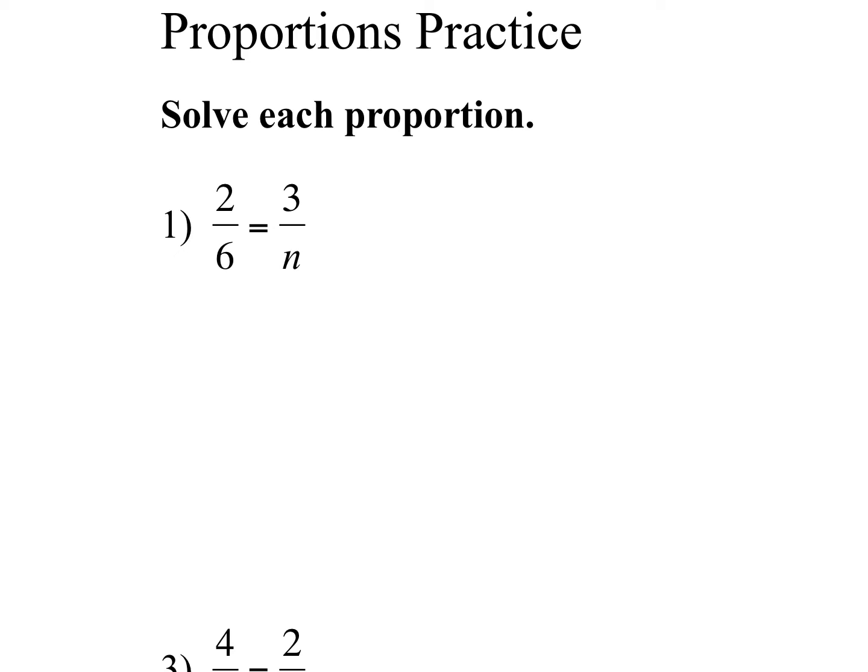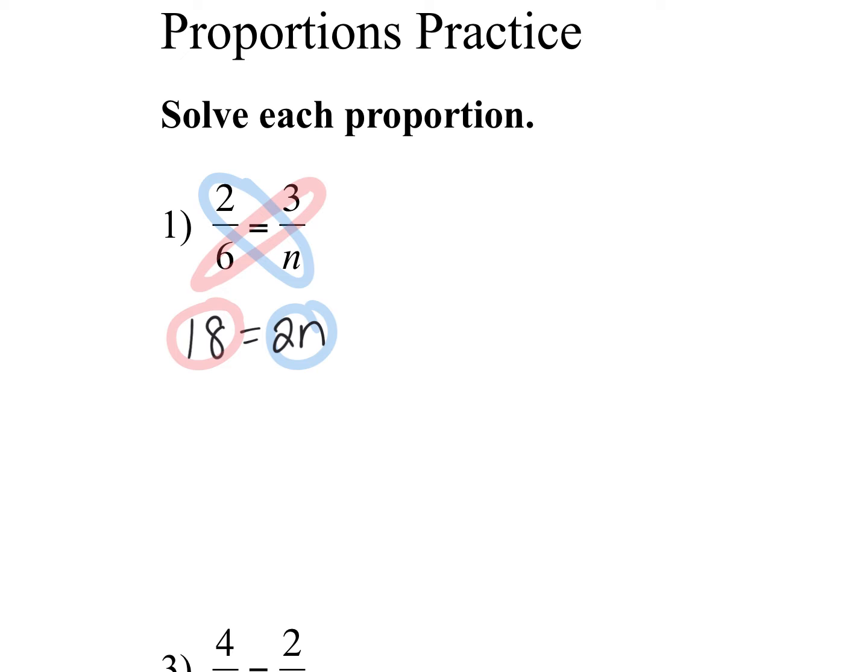A proportion is when you have two fractions that are equal to each other. Whenever you set these up, how you solve them is you do what's called cross multiply. So we're going to multiply these two things together. 3 times 6 gives me 18, equals, and then you multiply the other two things together, and that gives you 2 times n, which is 2n.